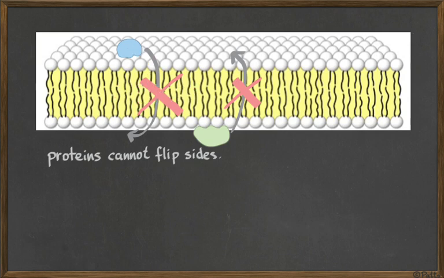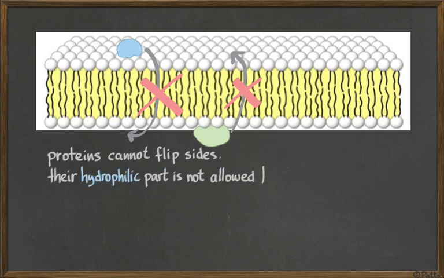And they cannot pop out because the hydrophobic part of the protein over here cannot face the water outside. So proteins move sideways, which makes them fluid, but they stay in place, not flipping, not popping out, not popping in. So this is the fluid mosaic model of membranes.